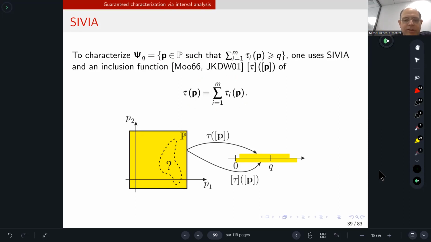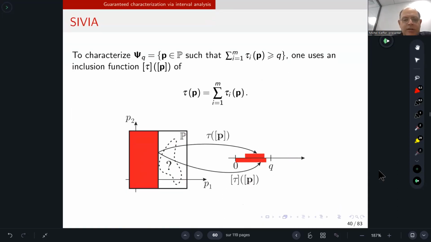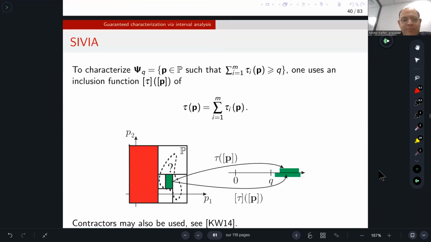You evaluate the interval provided by the inclusion function. Here you obtain a relatively large interval, which is not above Q entirely. Here you see that the set of values that you obtain is strictly less than Q, so you are able to eliminate the red box from the search area.